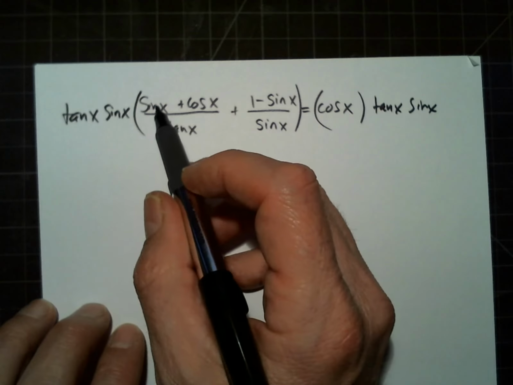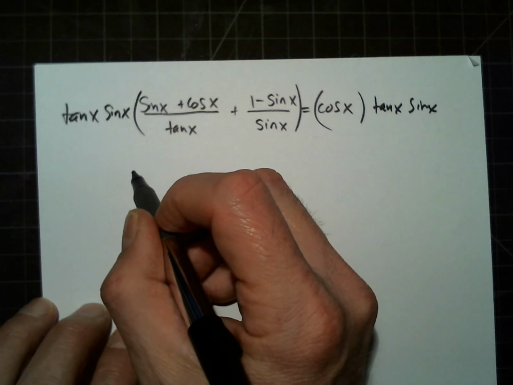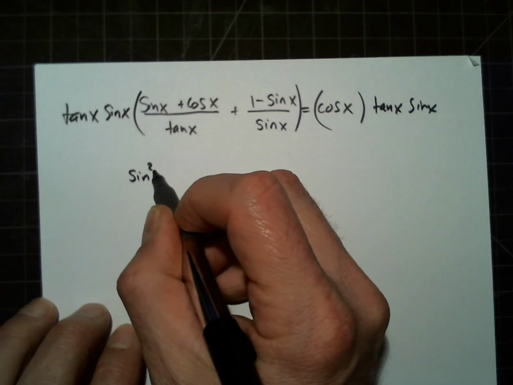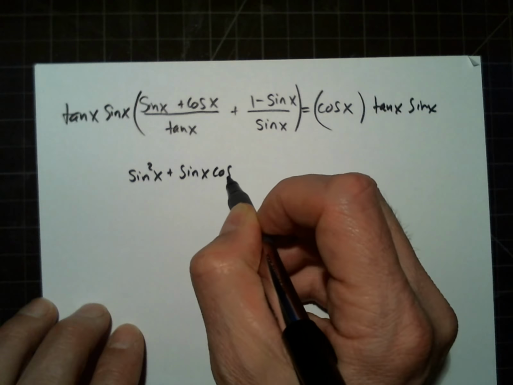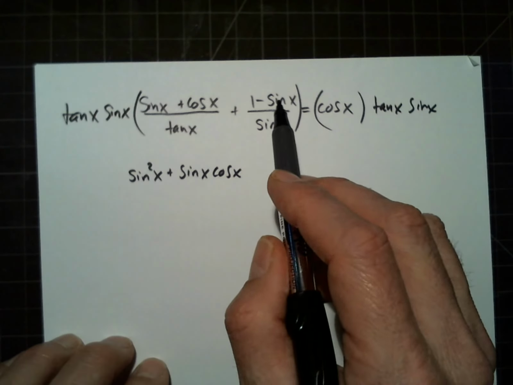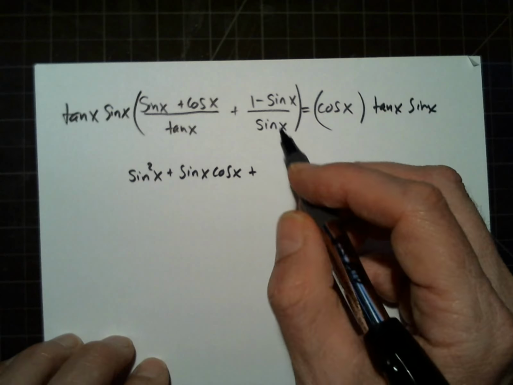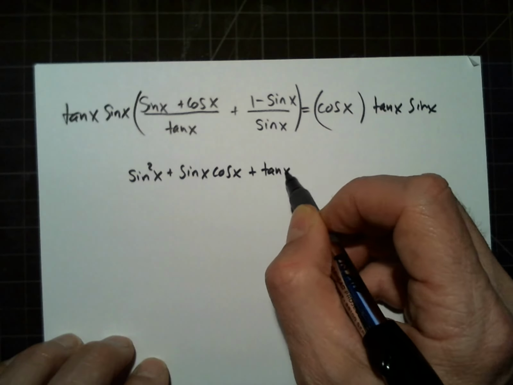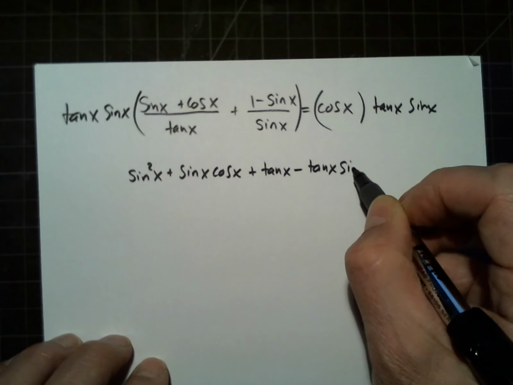So when we distribute here, it'll just be sine squared, and the tangent cancels. And distribute this times that, we'll have the sine canceling. We'll just have tangent minus tangent sine.